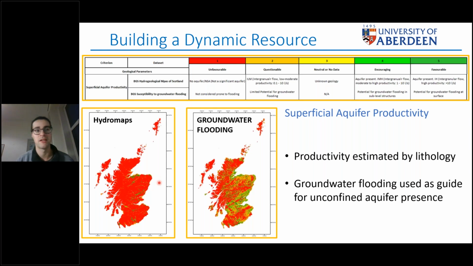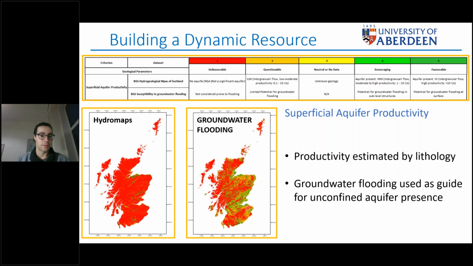Obviously there are going to be biases in this as well, but it is basically the best data there is for this kind of expanse across Scotland. That also highlights that the resource is definitely a national or regional scale resource. You can't use it to talk about geothermal potential at a site specific level. This is more for a regional scale assessment.